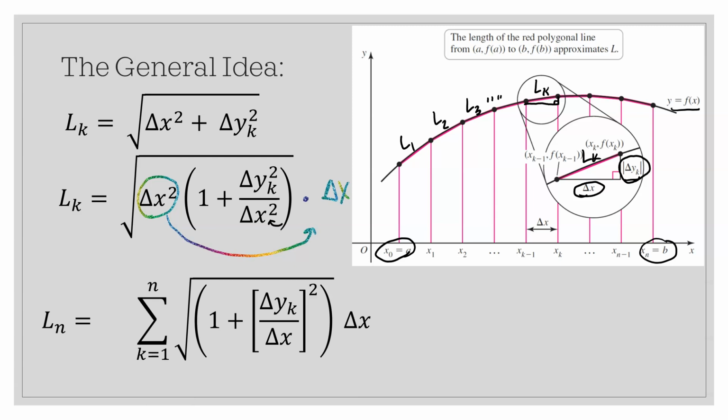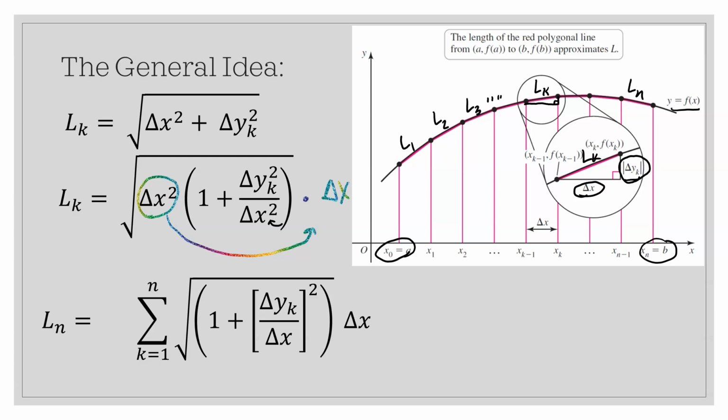Then we sum them up from L1 to L sub n, the n little segments there. If we add them all up, that should give us a very good estimation.